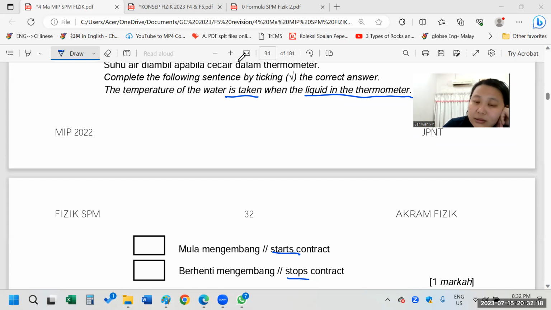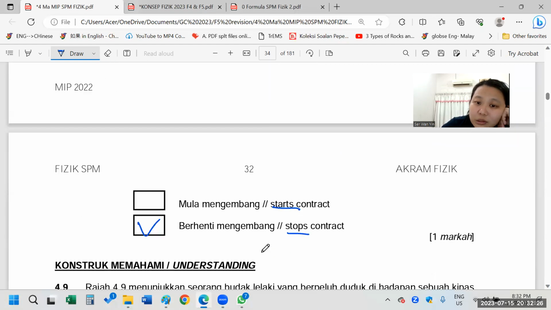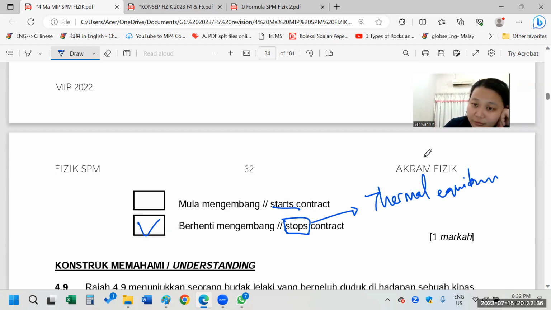Can. Actually it is stops. Why stops? Stops is when thermal equilibrium is achieved.